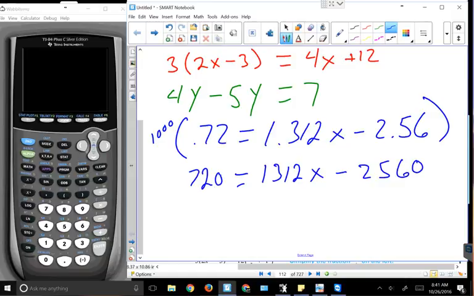And again, you're dealing with whole numbers here, or I should say integers, and it's easy to deal with, right? But like I said, decimals would have been just as easy to deal with. Yes? You see something I goofed on? Because I have to move the decimal point over 3 places, 1, 2, 3.